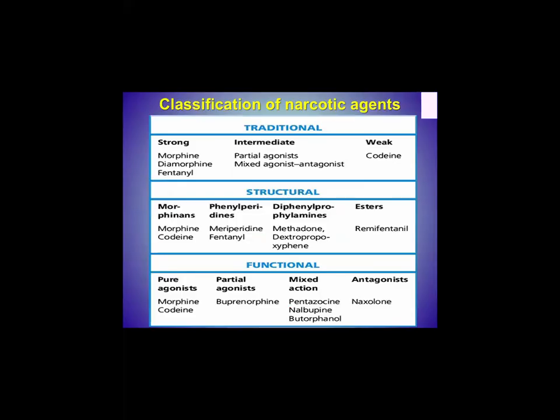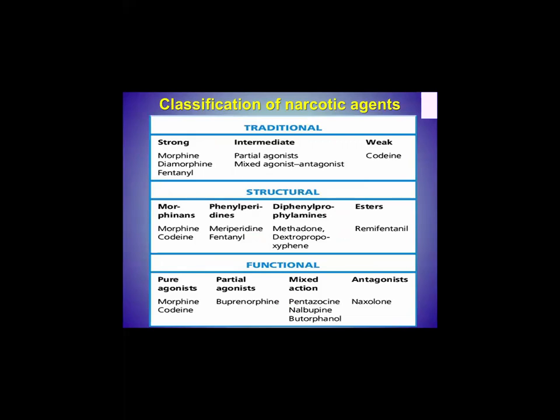So, what is the classification of narcotic analgesics? We have different types of classifications: traditional classification, structural classification, and functional classification. Traditional classification is due to the strength of the analgesic effect.